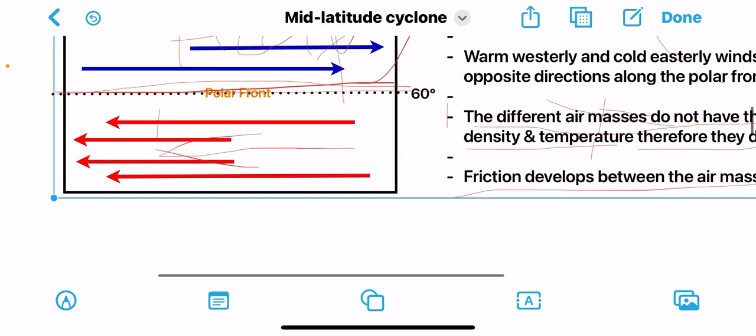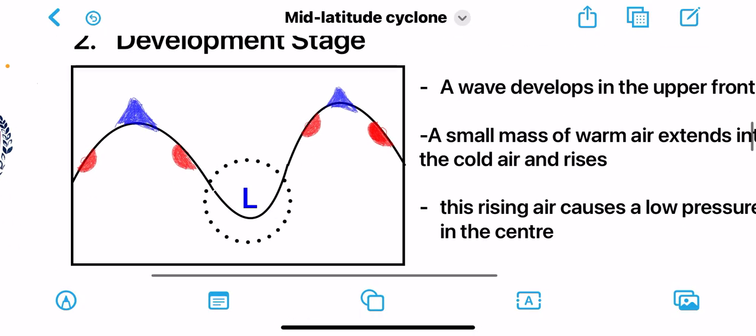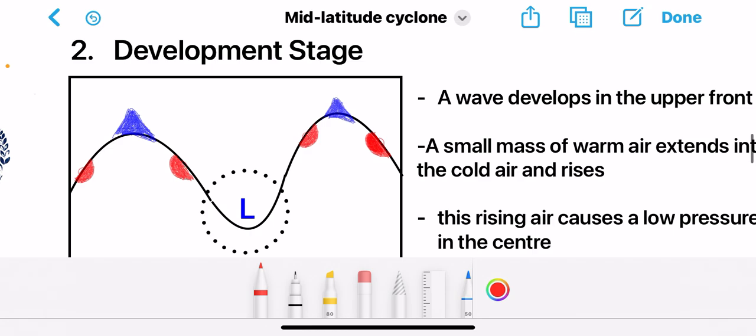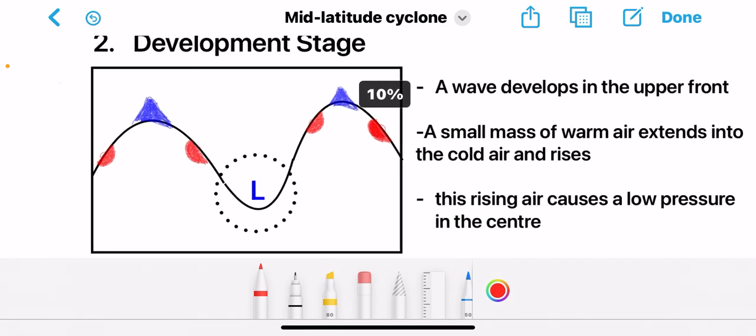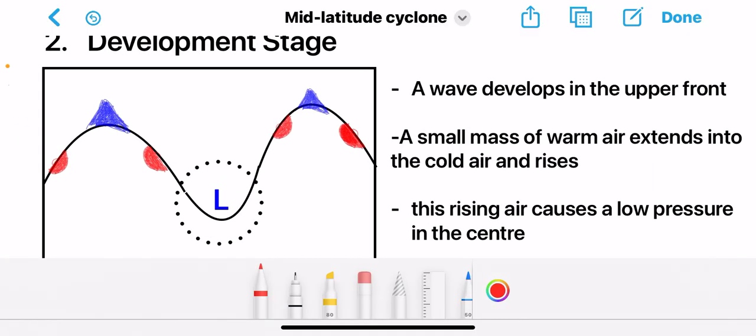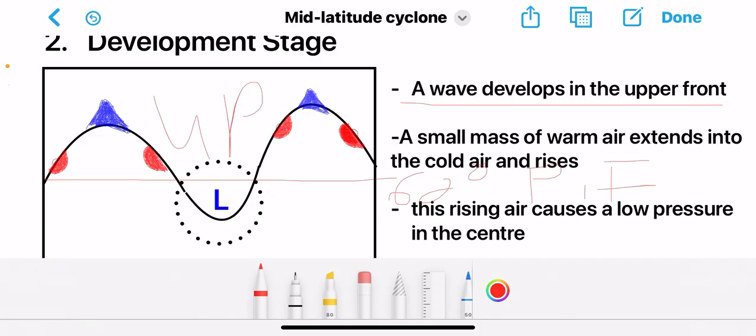Now let's continue to the second stage. We have the development stage. Now what happens in the development stage? In the development stage, a wave develops in the upper front. Now remember, initially we had a line here of 60 degrees, which is the polar front. Now in the upper front, remember this is the lower side, and this is the upper side.